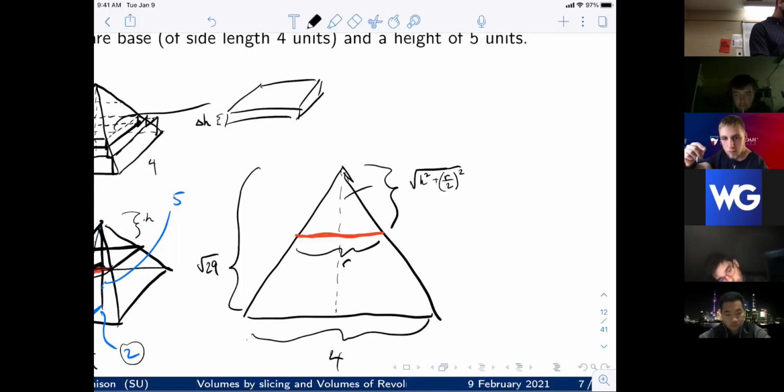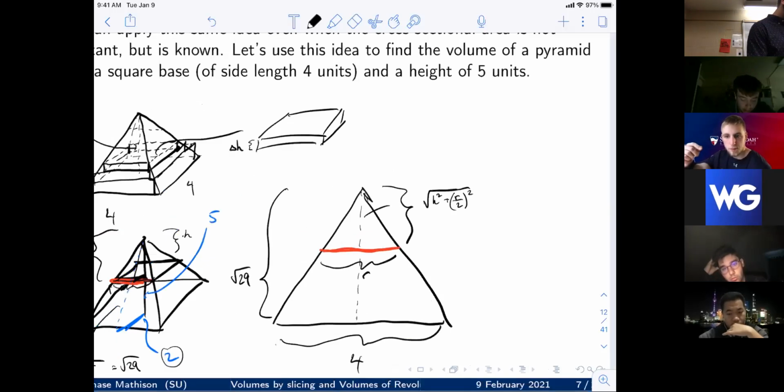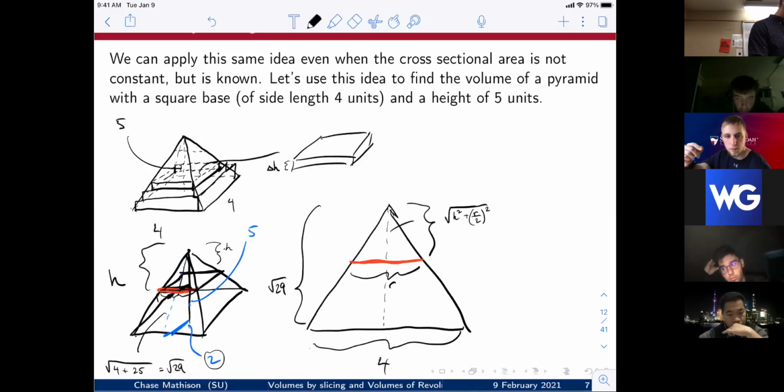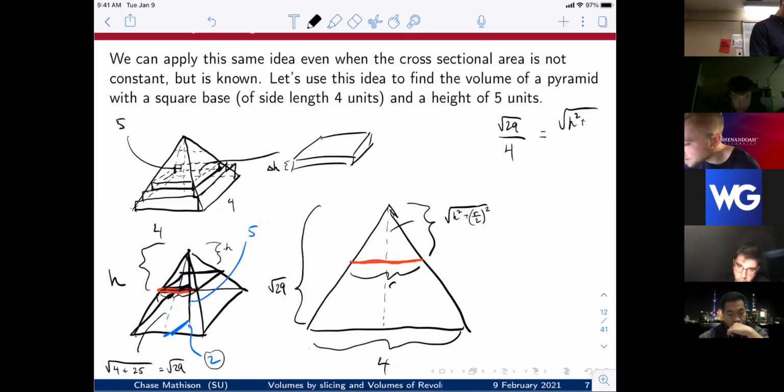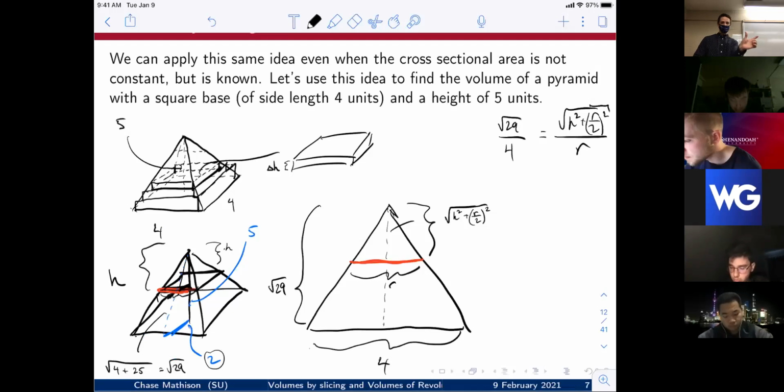So using similar triangles, the height over the base of the big triangle should equal the height over the base of the small triangle. Okay, that's similar triangles for you. So the square root of 29 over 4 is going to be the square root of h squared plus r over 2 squared, over r. So that's, again, vertical over horizontal for both triangles.